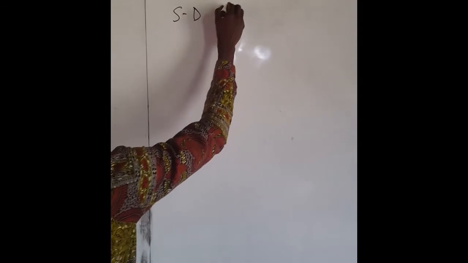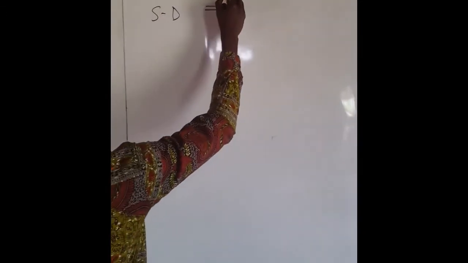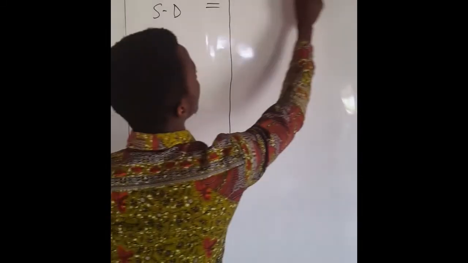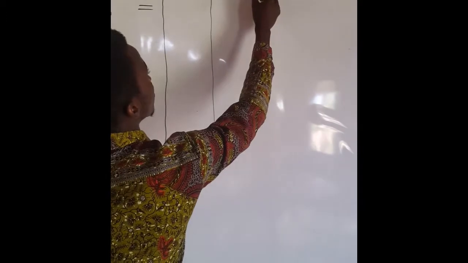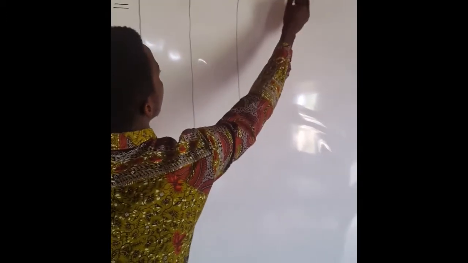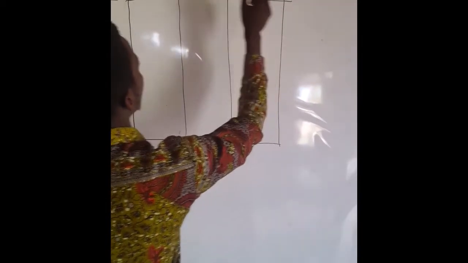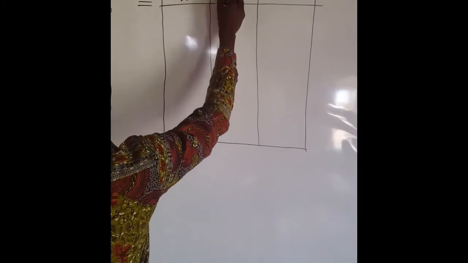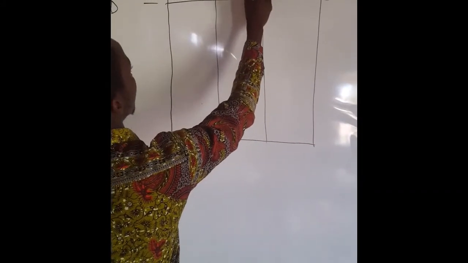The standard deviation. So for the standard deviation, we are going to need a table. So you draw your table nicely with 3 columns. Column 1, column 2, and column 3. So the first column will be for x, then the next column will be for x minus x bar, which is the mean.